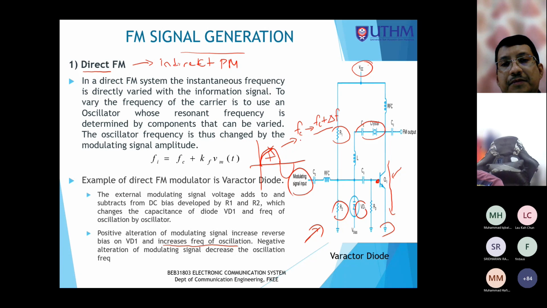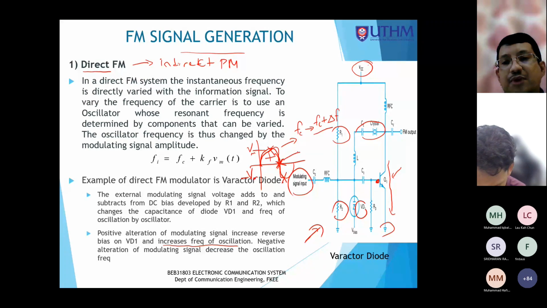Again, when the input message signal moves from positive peak VM towards negative peak amplitude minus VM, the signal will go through the zero crossing on the x-axis. At this point, the frequency will be at FC, the rest frequency.